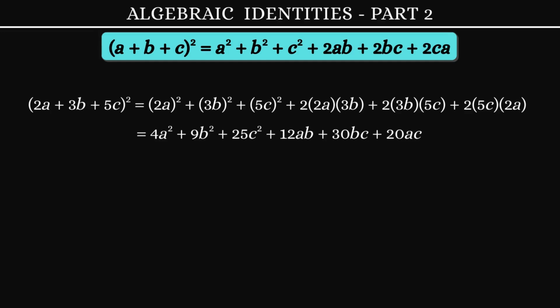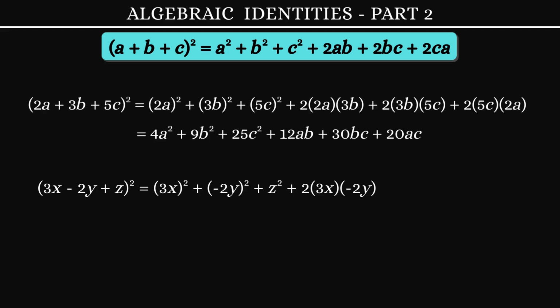Next example, let's have a negative variable. 3x minus 2y plus z the whole squared. This will become 3x the whole squared plus minus 2y the whole squared plus z squared plus 2 into 3x into minus 2y plus 2 into minus 2y into z plus 2 into z into 3x.